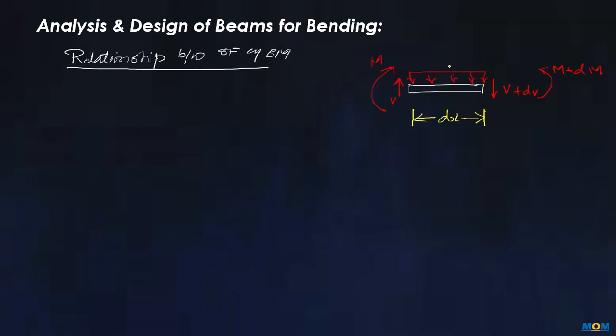Now here the magnitude of the load on this section, let's say at point C, W is going to be omega into dx, that is the magnitude of this uniformly distributed load acting at distance dx upon 2.